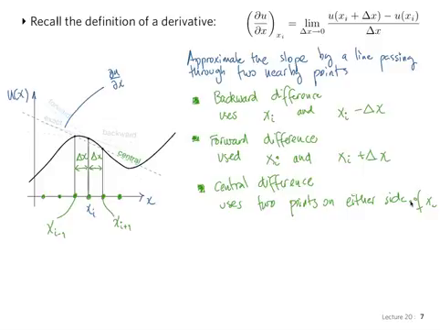And also you can imagine that if delta x is made smaller and smaller, the approximation is going to be better and better. Can you imagine that from the picture? Yeah?